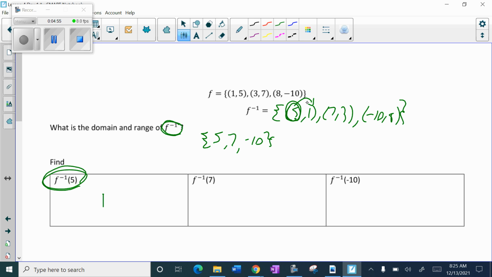But if you're starting with the original function, it is going to be your x value. So let's see, f inverse of 7 right here is 3. Also up here, we would go backwards and find the x value. Here, this is 8, and again, we'd go backwards if we were dealing with the original function.